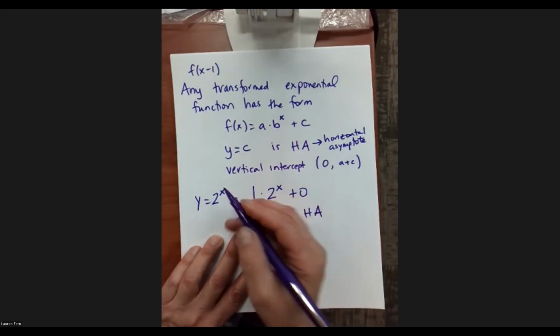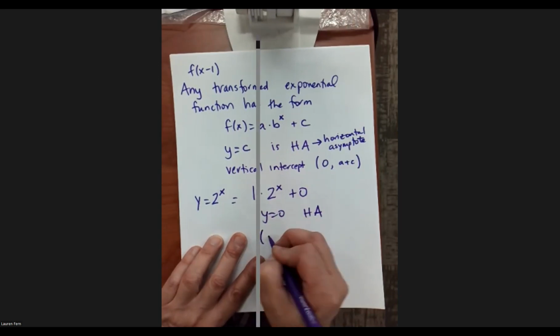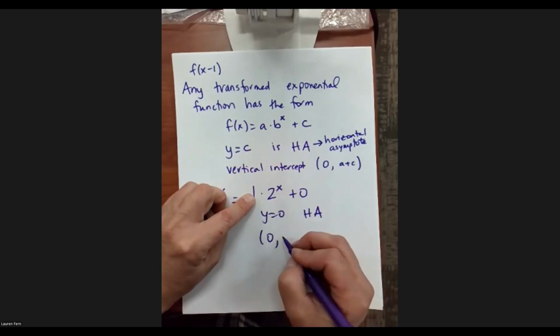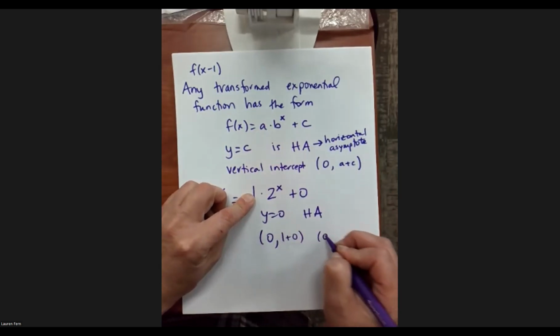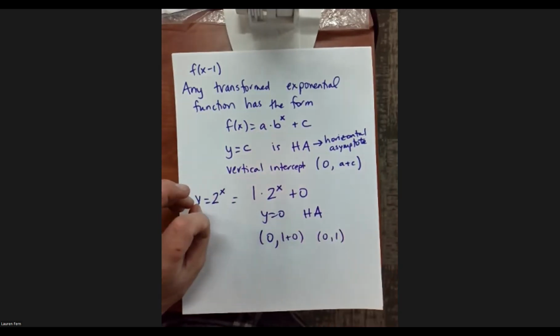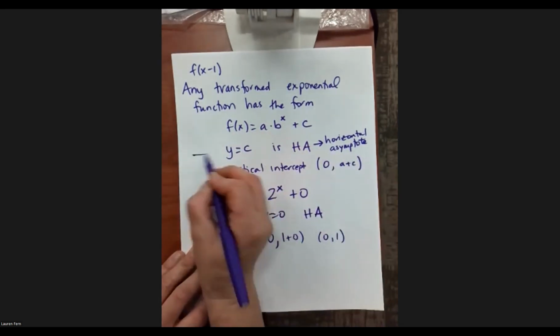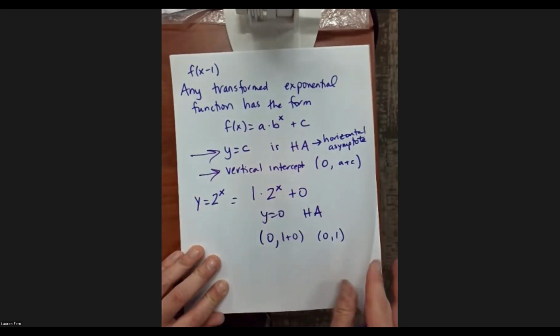And my vertical intercept is a plus c, in other words, 1 plus 0, or just (0, 1). So this is as general as we can get it. And what you want to keep in mind are those two things.